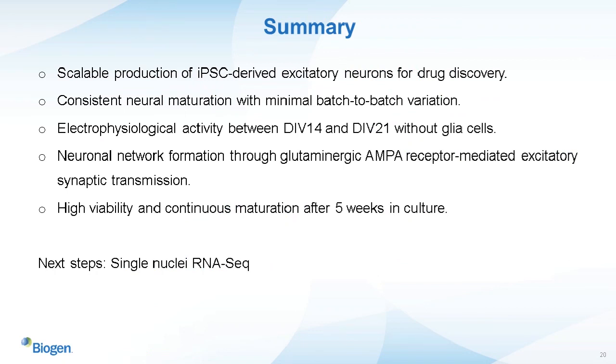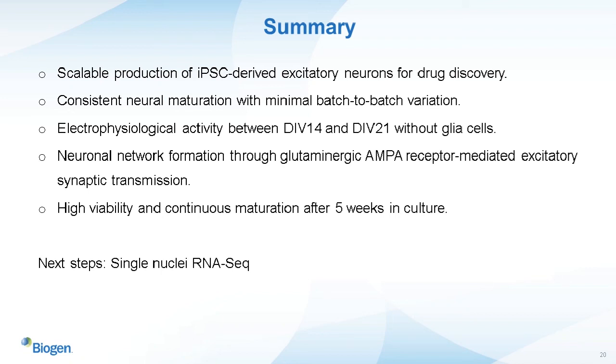In summary, I hope we were able to convince you that we have established a scalable production pipeline of iPSC-derived excitatory neurons for drug discovery purposes. We get very consistent neuronal maturation, and the batch-to-batch variation is really minimal, as demonstrated by various readouts, including proteomics, transcriptomics, and electrophysiology.